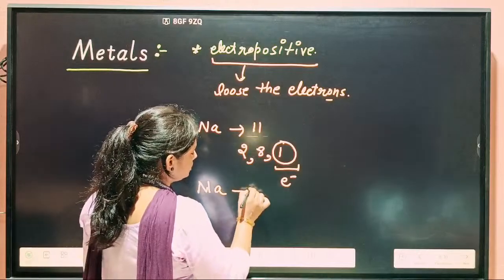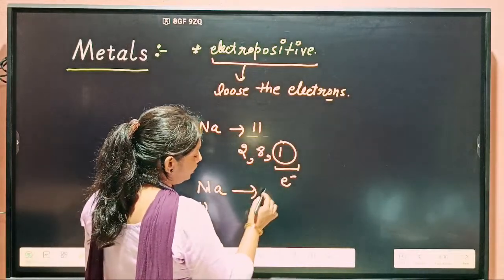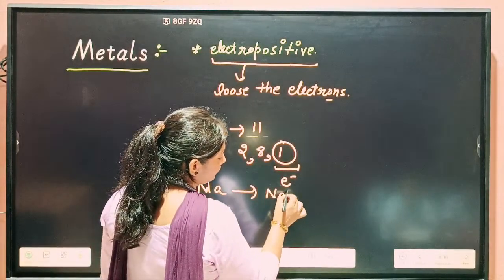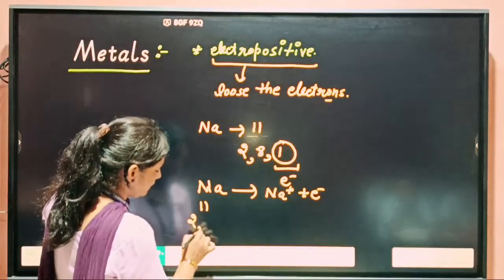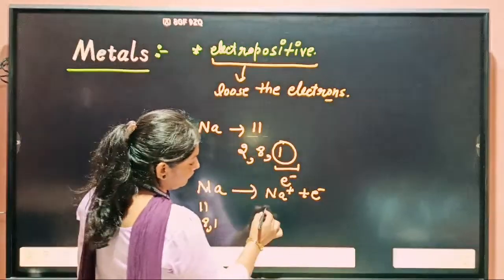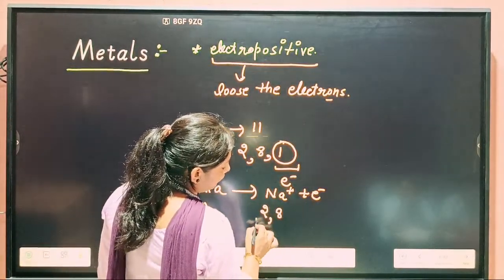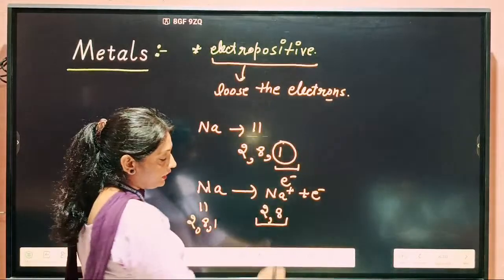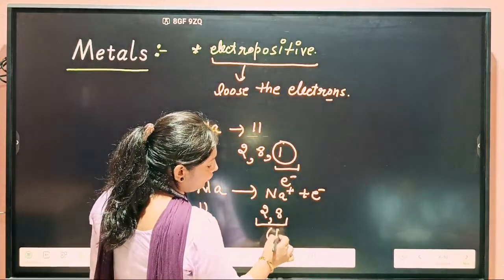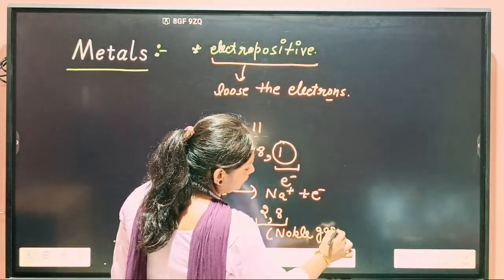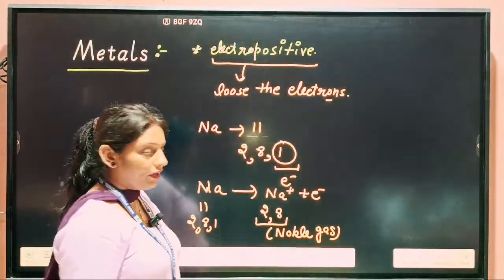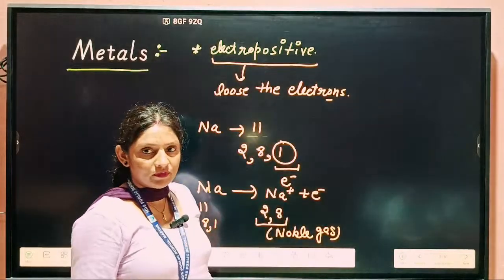Because after losing one electron, it attains the configuration of a noble gas, and the octet is completed.